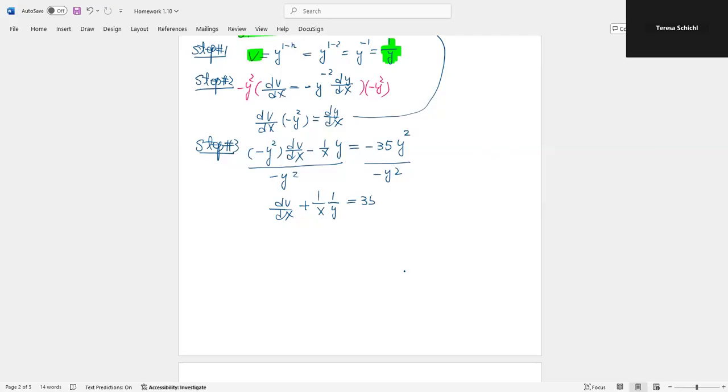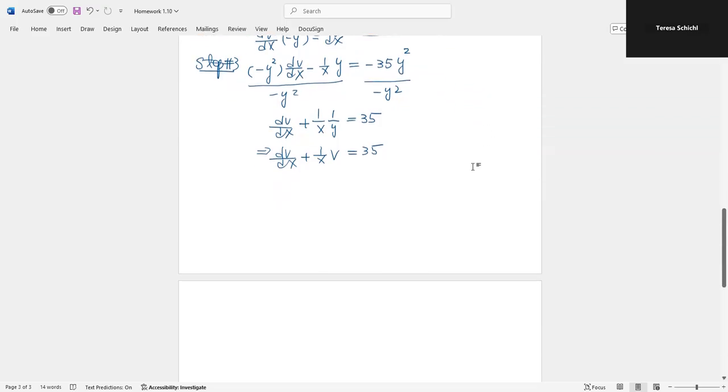And as I highlighted here, 1 over y is equal to v. So finally, we write this equation as dv/dx plus 1 over x times v equal to 35. Okay, so after this one, we should be very familiar with Bernoulli.